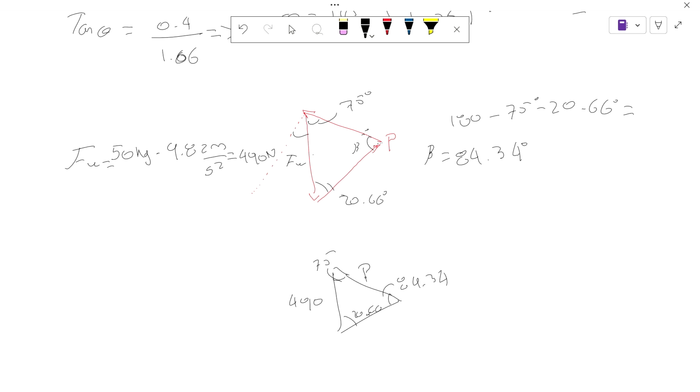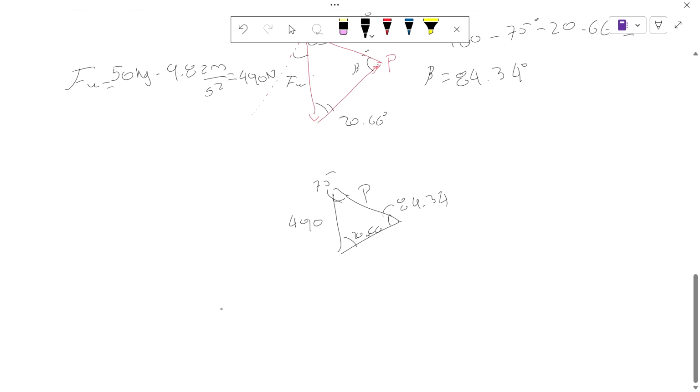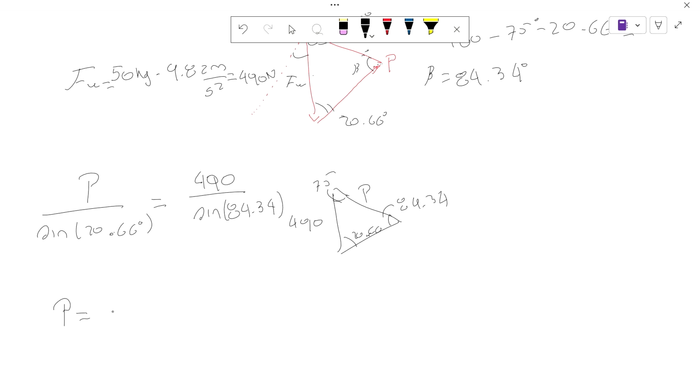So P over sine of 20.66 degrees is equal to 490 divided by sine of the opposite angle, which is 84.34.